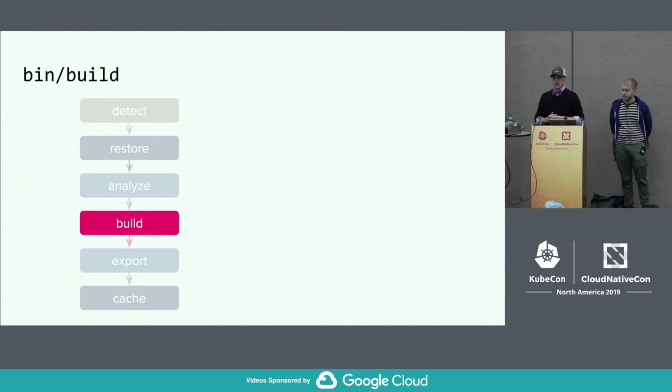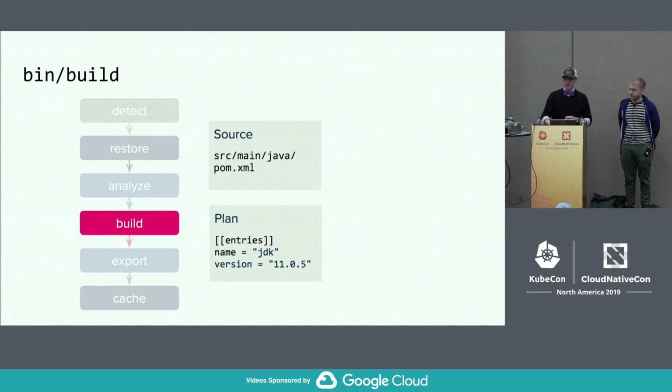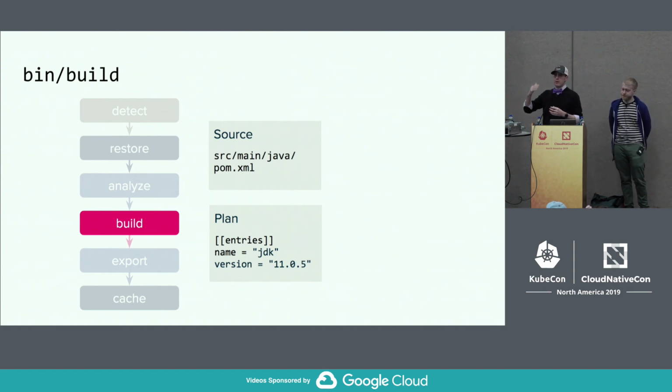Then on to the bin build executable. This takes as input the same source code repository that was passed to the detect phase, and it also takes the resolved build plan. So the resolved build plan contains the components that were provided by the bin detect script from this build pack, as well as other build packs that may have run in conjunction with this build pack.